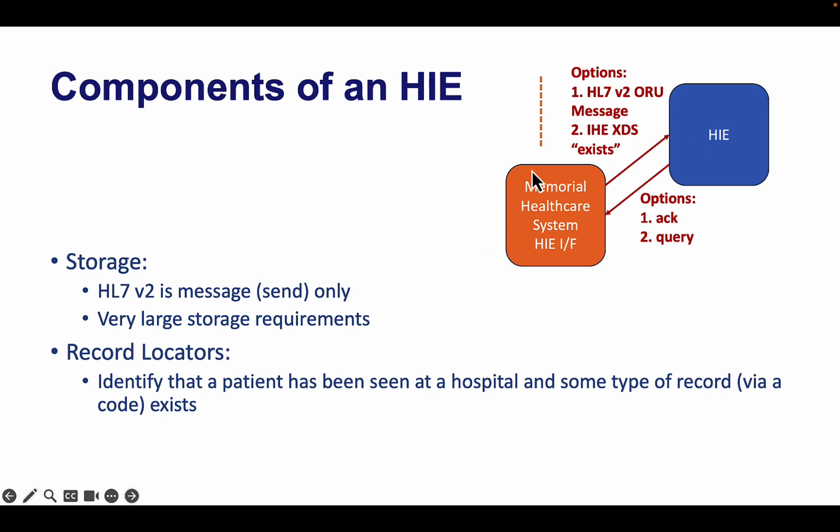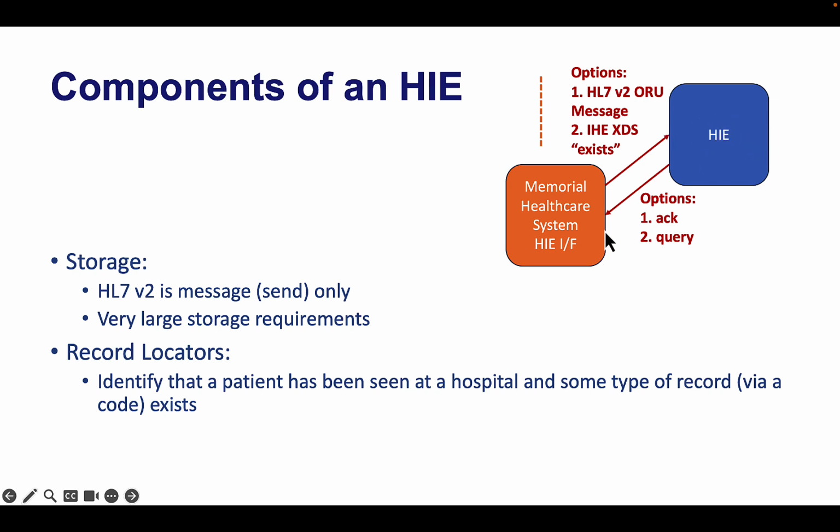Another way is to send what's called a record locator. And we're not going to get into IHE XDS because it's yet a whole other world. But there's a way for this healthcare system to tell the HIE, hey, this patient has been seen at my hospital. Or maybe, hey, this patient has been seen at my hospital and I have some lab values for you. Or even, this patient has been seen at my hospital and I have a CBC blood count lab value for you. But not moving the actual information to the HIE, just the fact that the record exists.